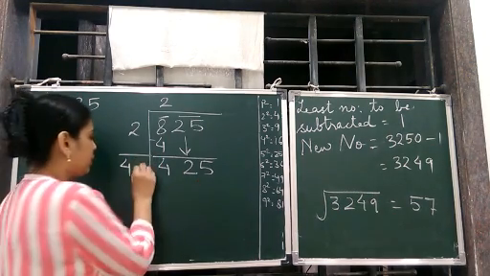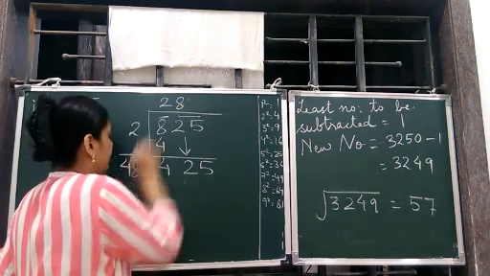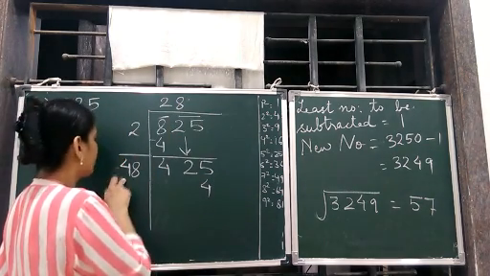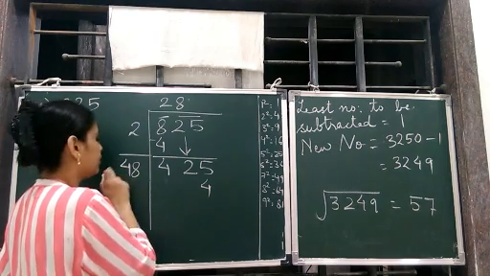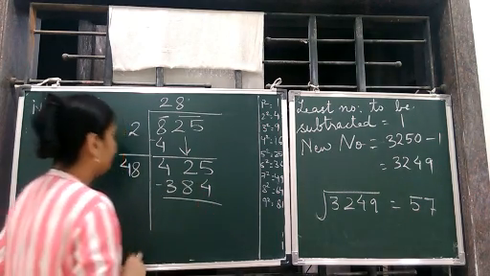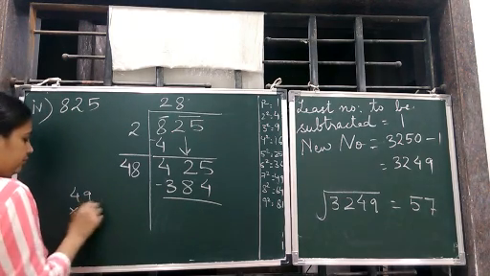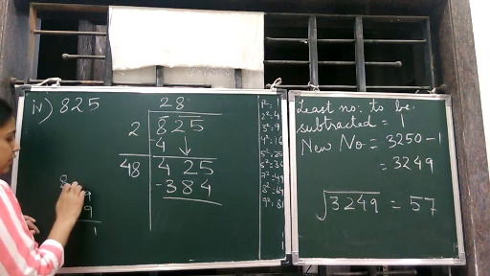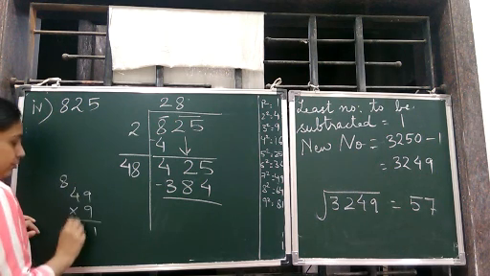So we start with the smallest number. Let's check by 8. 8 8s are 64. 8 4s are 32, 33, 34, 35, 36, 37, 38. बहुत ज़्यादा छोटा है. Check by 9 also. 9 9s are 81. 9 4s are 36, 37, 38, 39, 40, 41, 42, 43, 44.